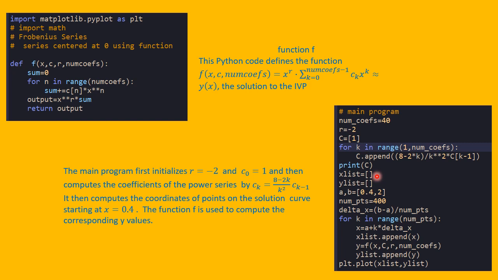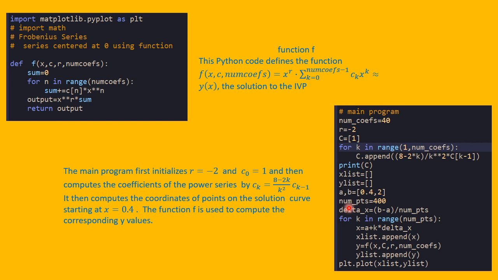And now we need to figure out how to plot this function. So I'm going to set up two empty lists, x list and y list. I'm going to look at values of x in the interval a, b, which goes from 0.4 up to 2.